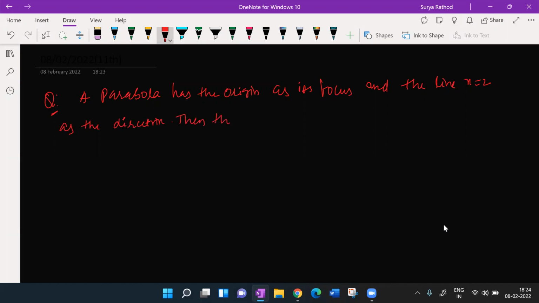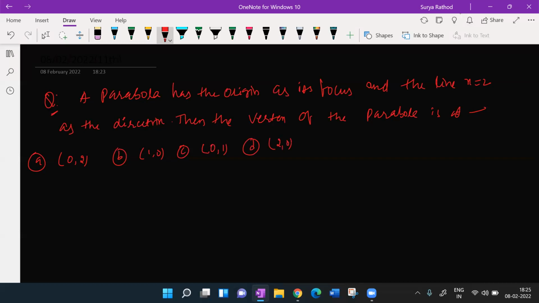Then the vertex of the parabola is at dash. Option A: (0, 2). Option B: (1, 0). Option C: (0, 1). Option D: (2, 0).